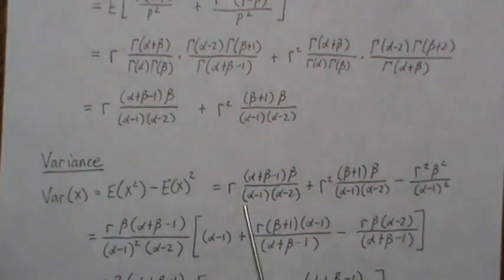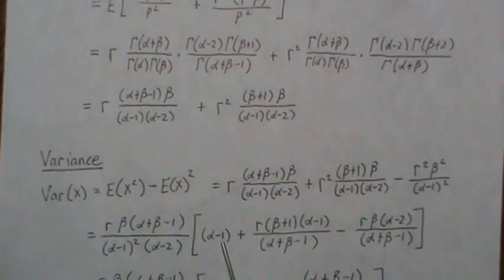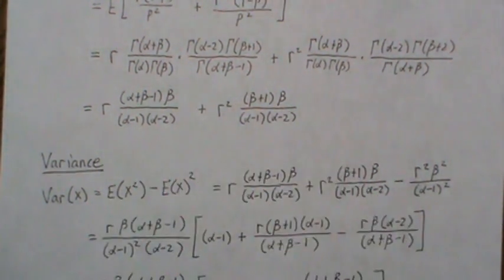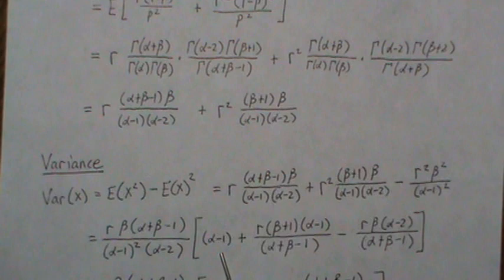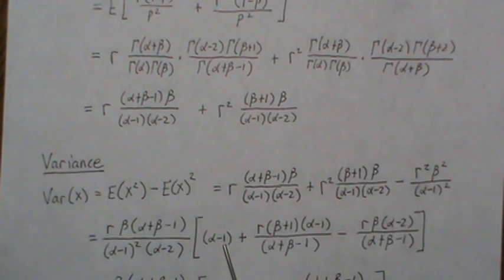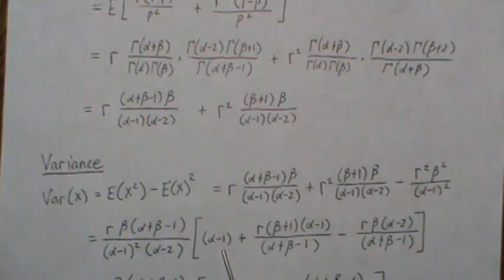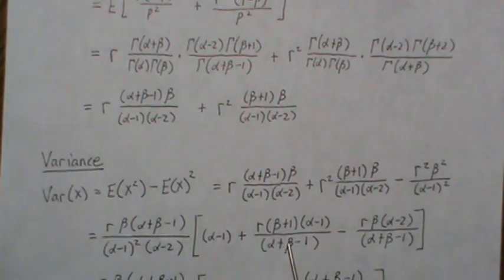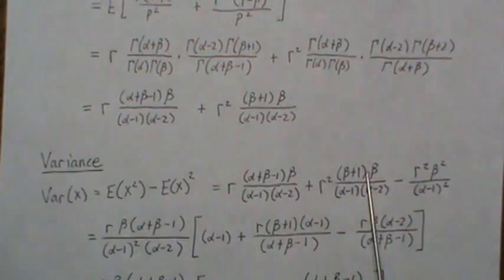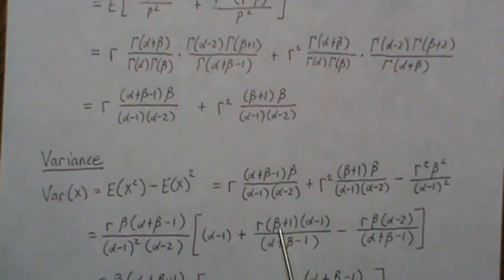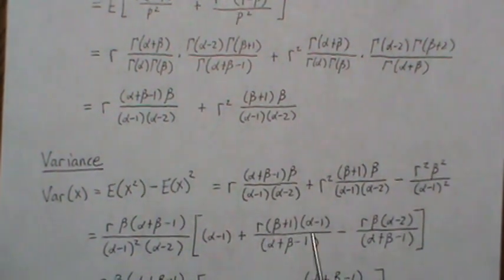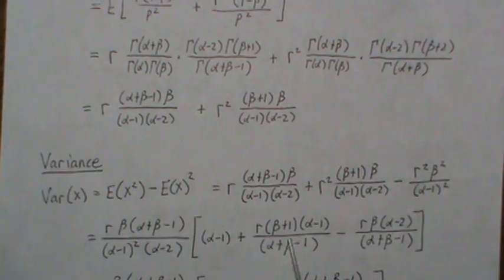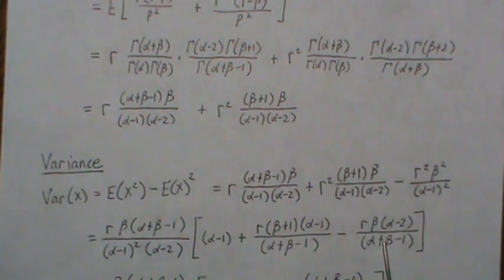So this term is left with the alpha minus 1, and then this term, since we multiplied it out and it's not here, we have to divide, and then we factored out an r and a beta and these, and we're left with this. And this term, we're left with this.